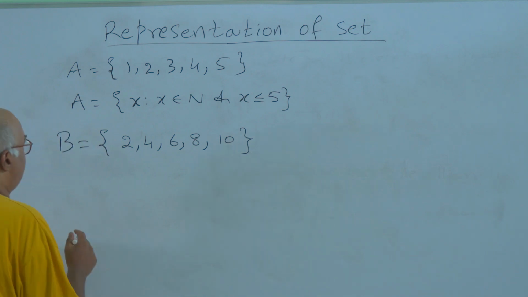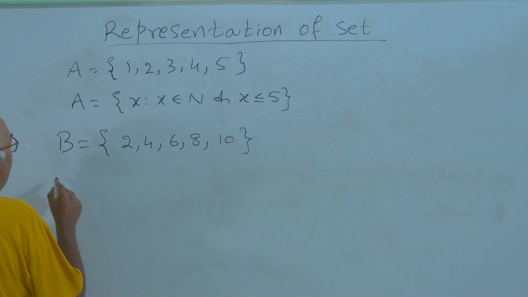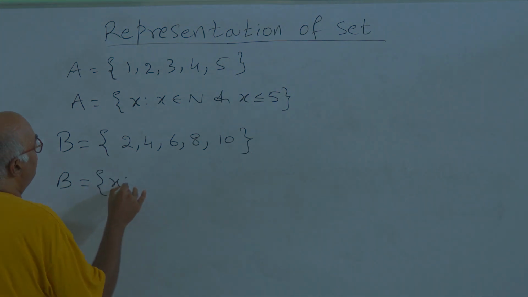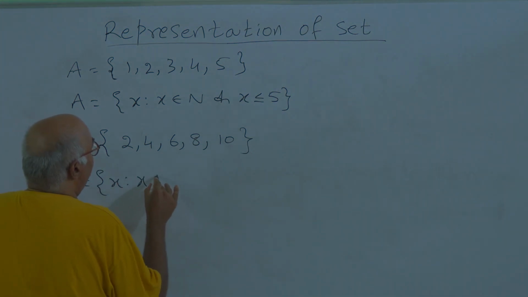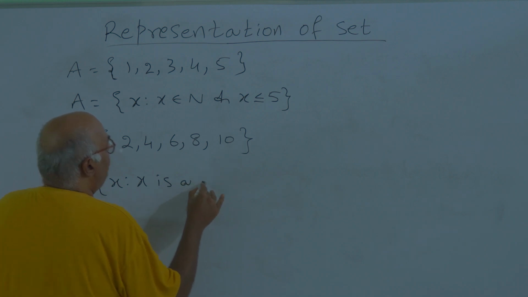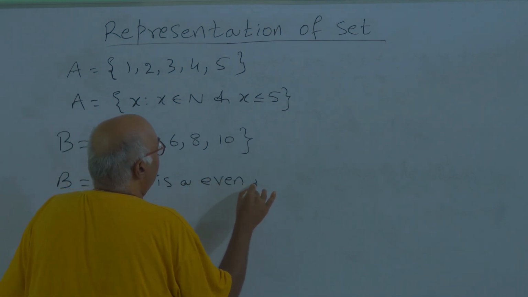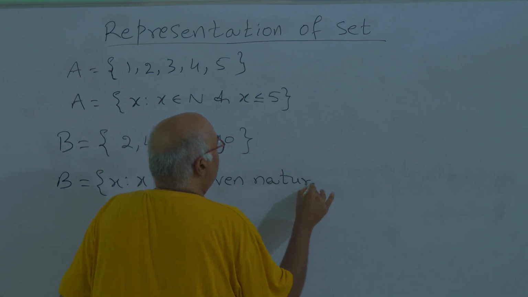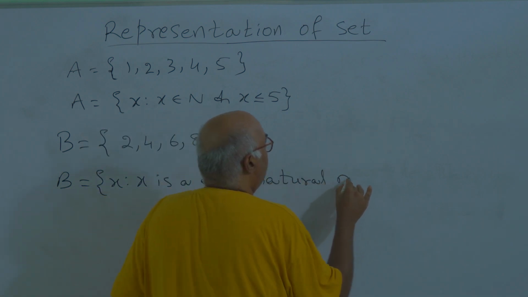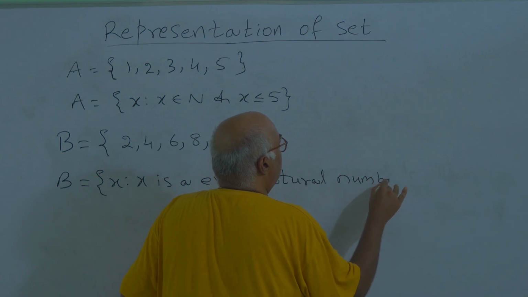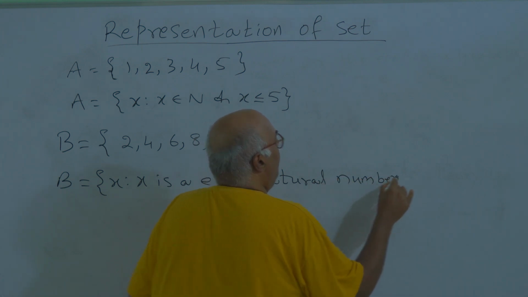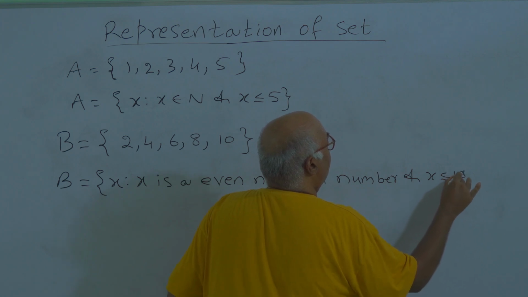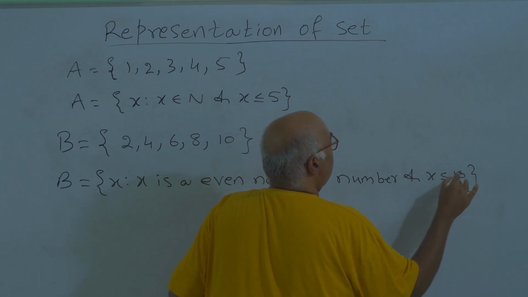So now I write this set B in set builder form as B is equal to X such that X is an even natural number and X is less than or equal to 10.